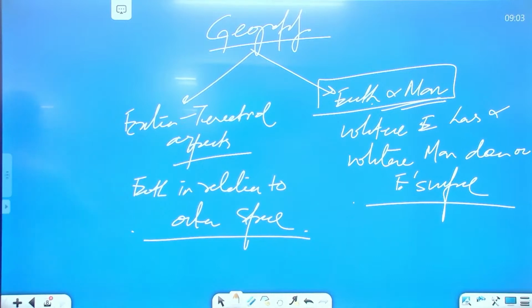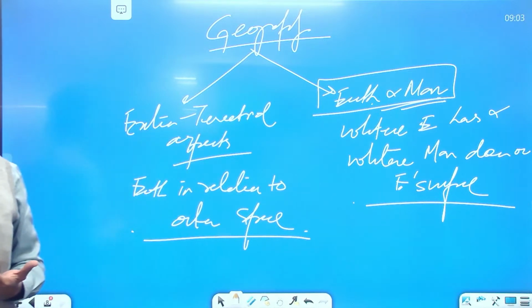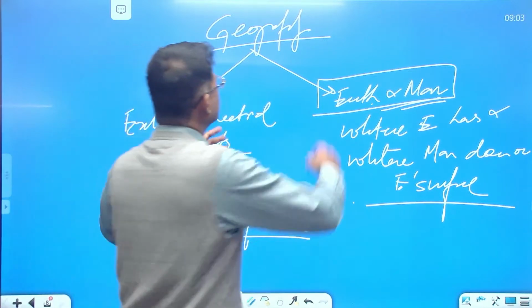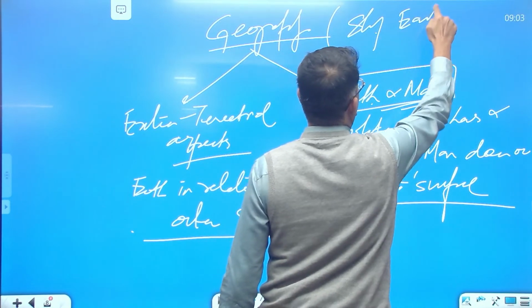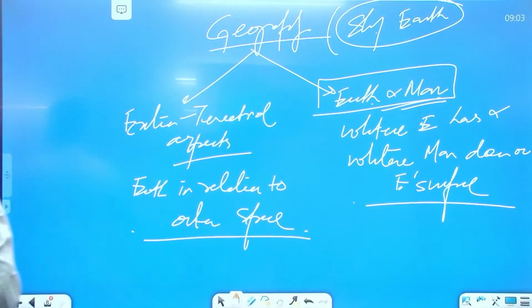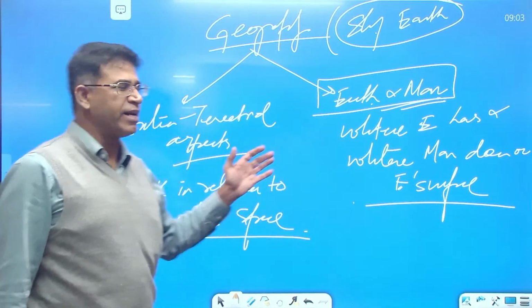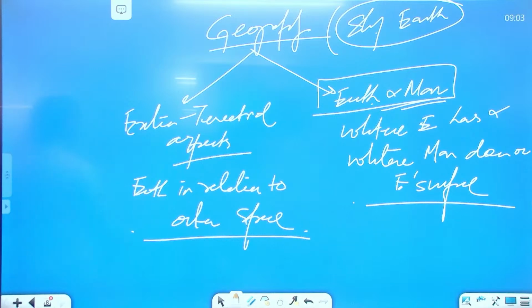Earth and moon, earth and sun, earth and Mars, earth and the other galaxies too. So geography typically is what? Geography is the study of earth. In the study of earth, one is the study of earth in relationship to man, and second is the study of earth in relation to the outer space.